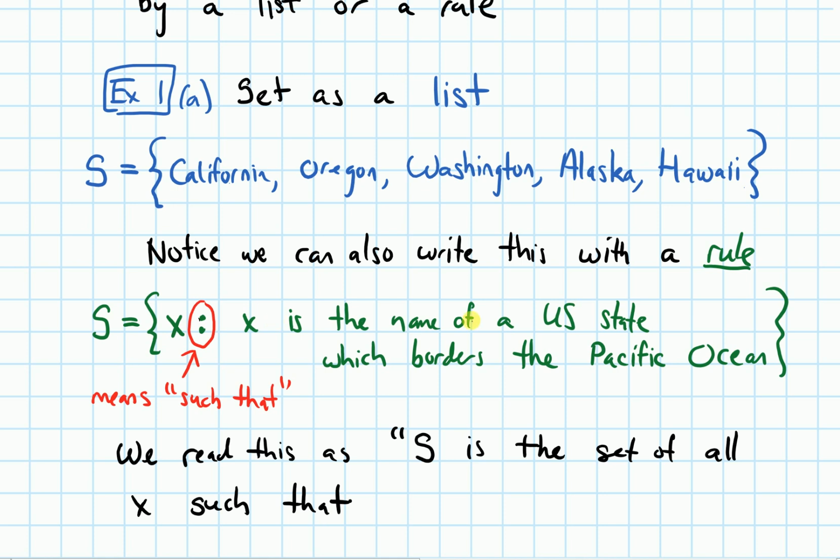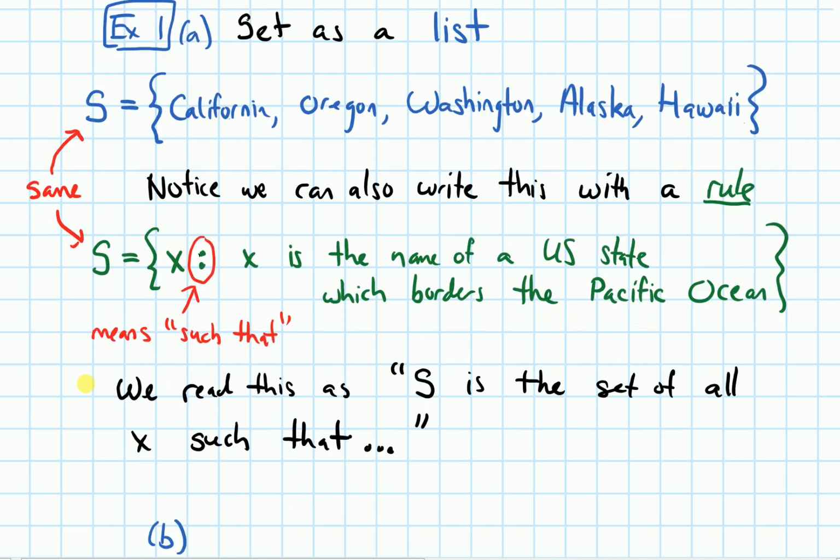So X is the name of a US state, so on and so on. So I'm just going to put dot, dot, dot. So that's how I would say it out loud in words. All right, so this was the same set. The one I've written in blue and the one I've written in green, it's exactly the same set, just written in a different way. First I wrote it as a list and then as a rule.